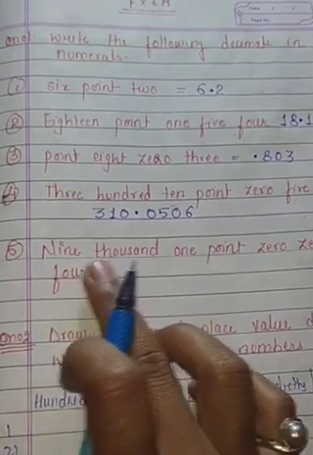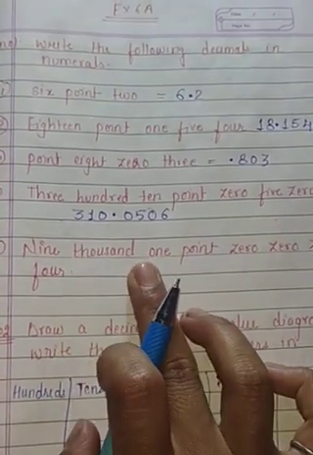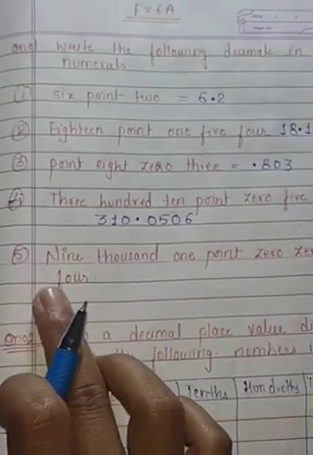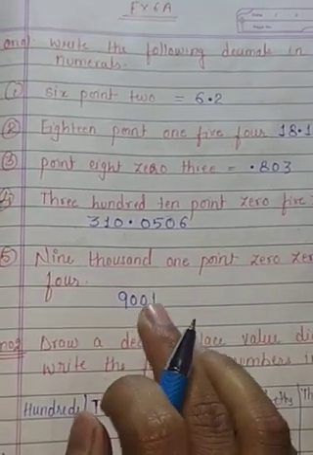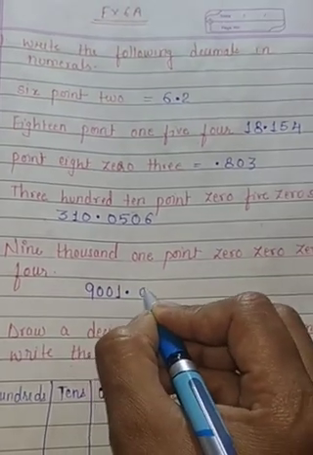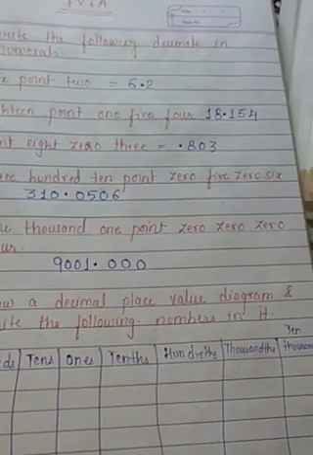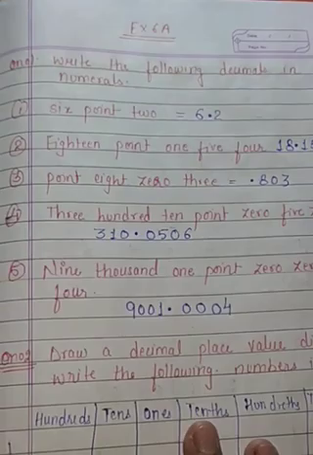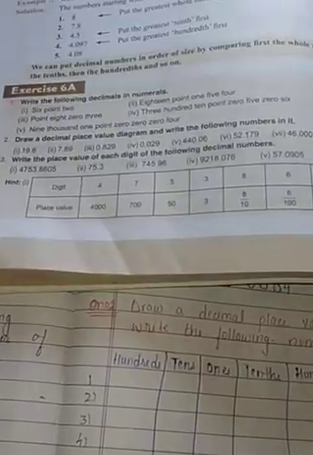Last is 9001. We know 9001, we write it like this, correct. Then point 000. How many zeros did they say? 3 zeros are there. And then what number did they say? That is 4. So 9001.0004. Like this we have to convert these decimals into numerals.